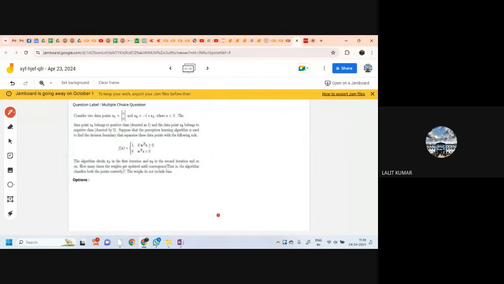The data point x1 belongs to the positive class denoted as 1 and the data point x2 belongs to the negative class denoted by 0. Suppose that a perceptron learning algorithm is used to find the decision boundary that separates these data points with the following rule: w1 + w2x greater than or equal to 0. The algorithm checks x1 in the first iteration and x2 in the second iteration and so on. How many times do the weights get updated until convergence, that is, the algorithm classifies both the points correctly?